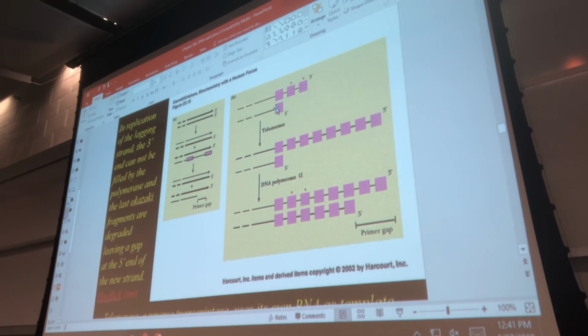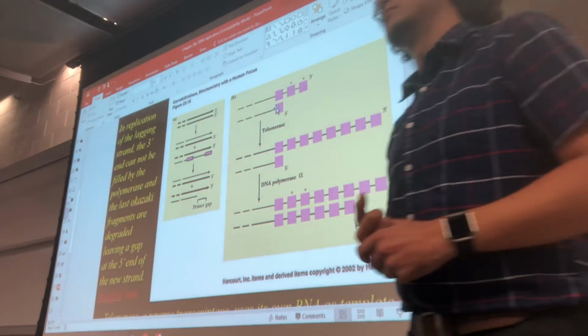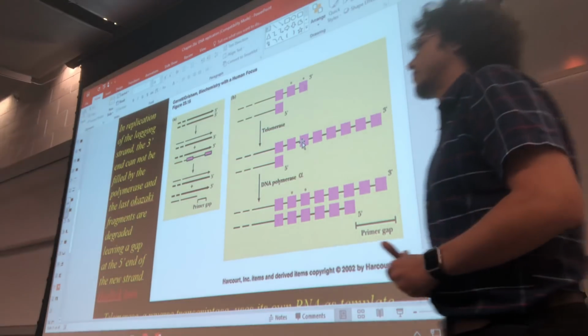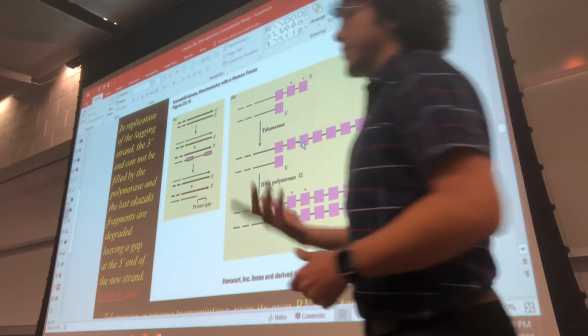Question? So is a new primer put on after telomerase extended? Yes, exactly. Now that there's enough space for it, DNA polymerase alpha comes in, attaches a primer on the newly extended template, and now you can finish replicating the lagging strand. Yes? So it adds a primer to the telomere. Yes, exactly.